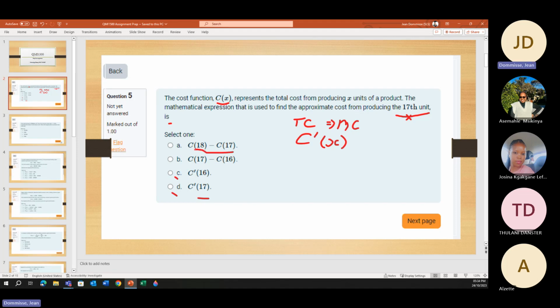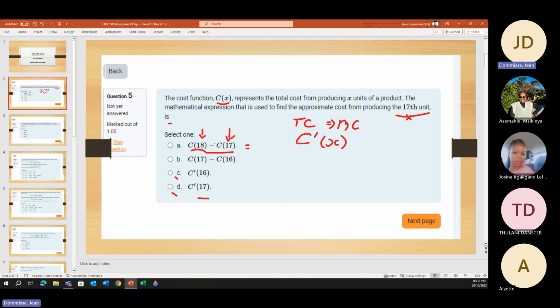What this will do is work out the cost. So this will work out your total cost of 18, and this will work out your total cost of 17.